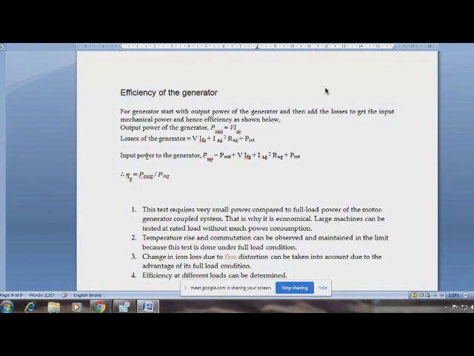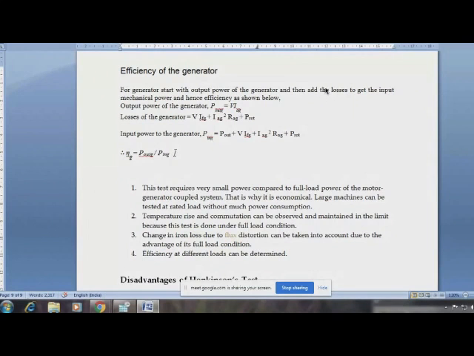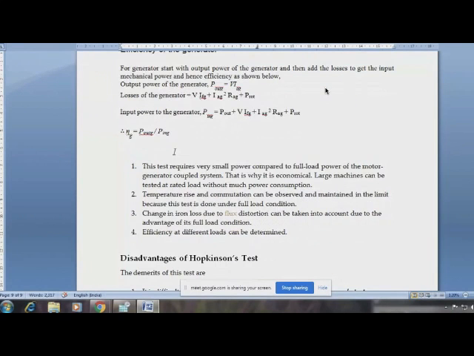Therefore, the input is P out plus these losses. Then I can find efficiency. Any doubt? No, sir. Okay, that's fine.